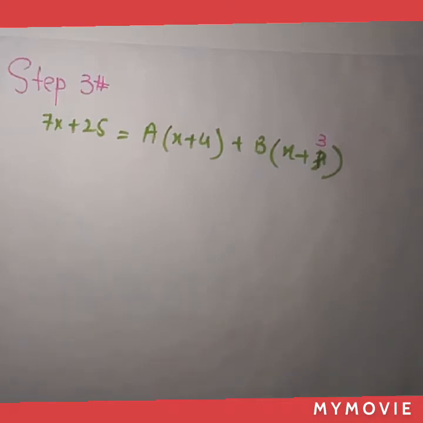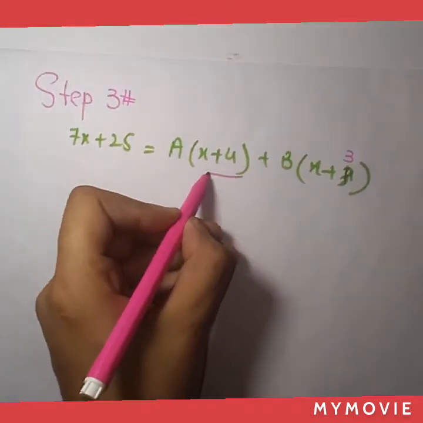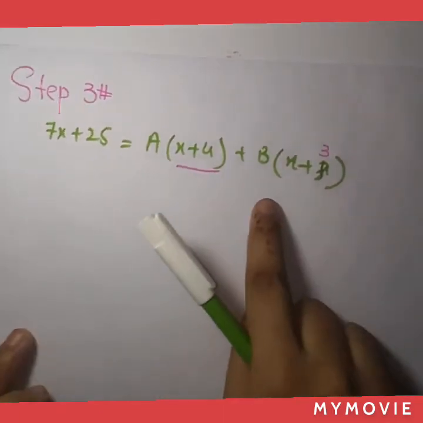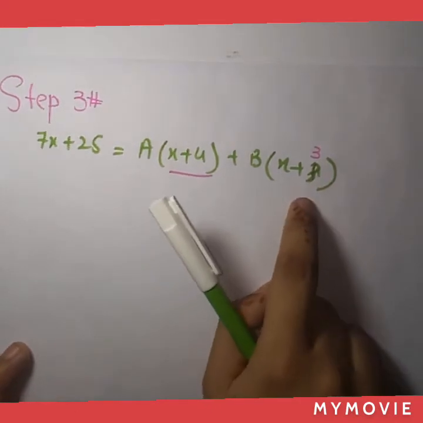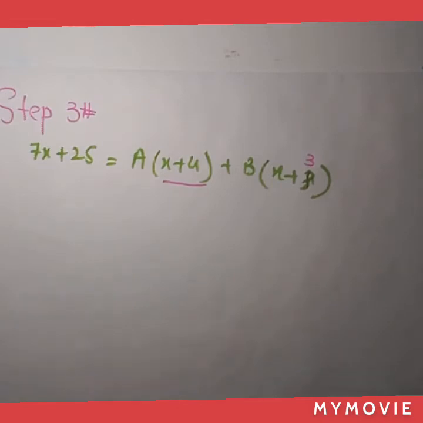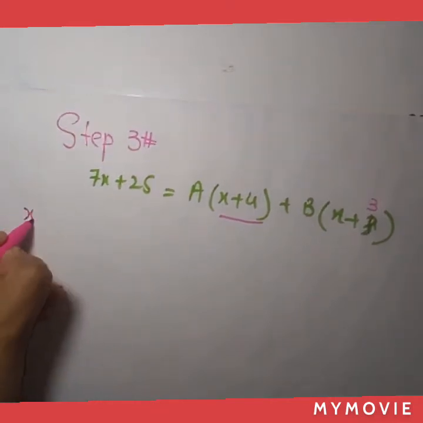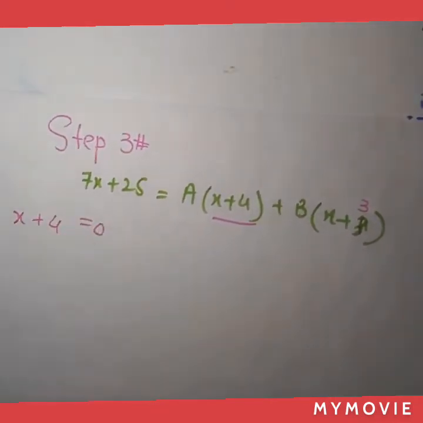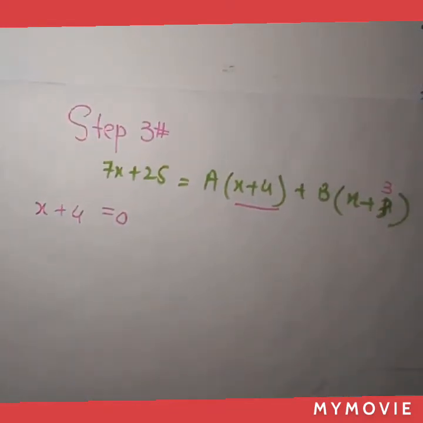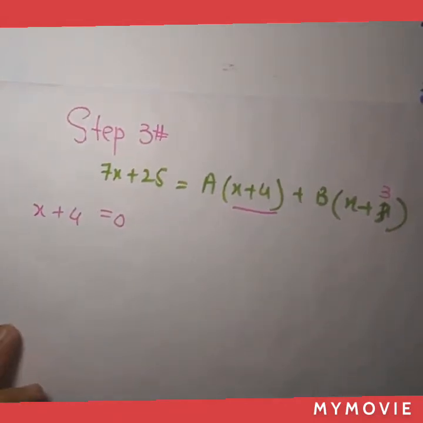Now there is step 3, which says to take the standard as a's multiplied value, or the standard as b's multiplied value. If there are 3 to 4 terms, then you have to take each value as standard. First of all, I'm taking a's value: x plus 4 is equal to 0. That means we make the term an equation by equalizing it to 0, because we have no other value to equalize it to.